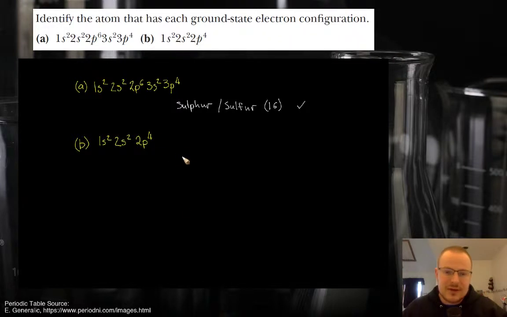The answer to part B is oxygen, and oxygen has an atomic number of 8. So we'll check our answer by adding electrons: 2 plus 2 is 4, plus 4 is 8. So we find that answer also to be correct.